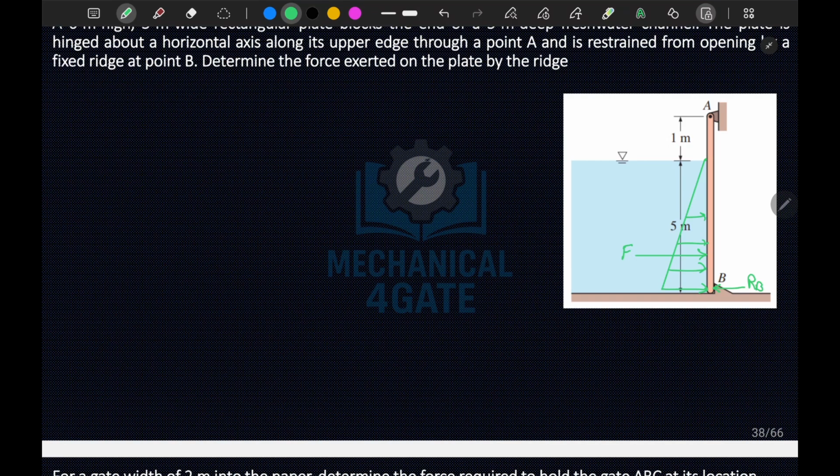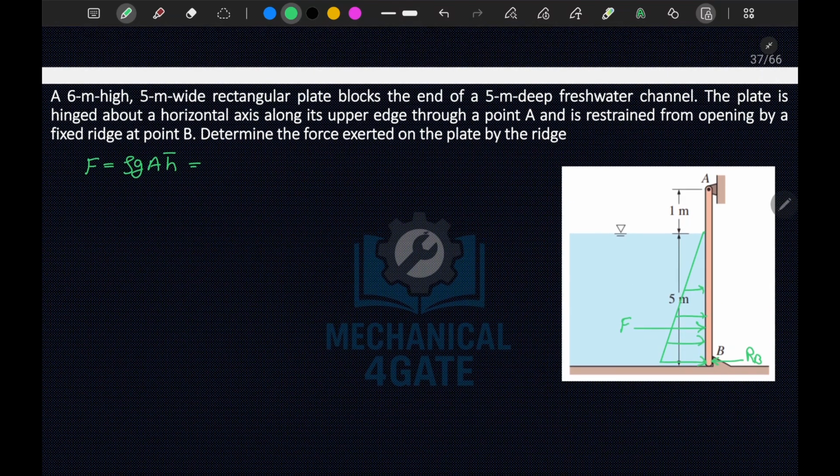Now to calculate this, we first have to calculate the value of F. So hydrostatic force F is given by rho g A h bar, okay. Rho, since it is water, we will take as 1000. G is 9.81, into the area.